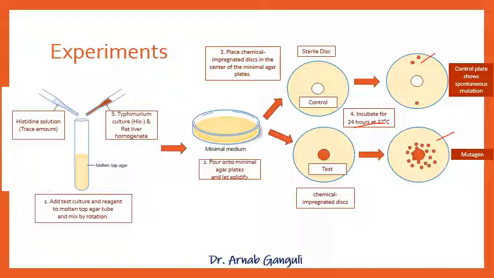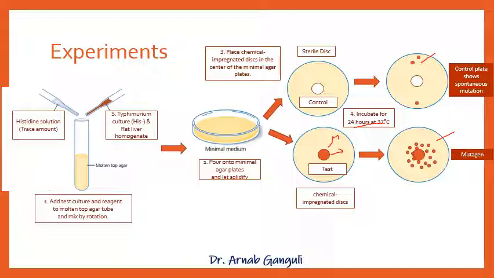This is because the chemical mutagen diffuses and causes mutation in the bacteria and thus produces histidine negative to histidine positive revertants. Strong mutagens give more colonies than weak mutagens.